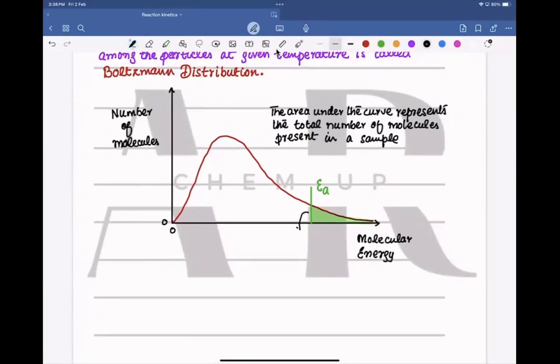So what does this activation energy mean? Can anyone tell me?